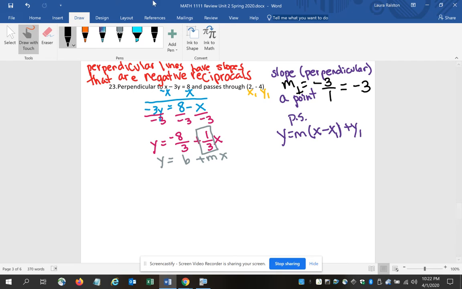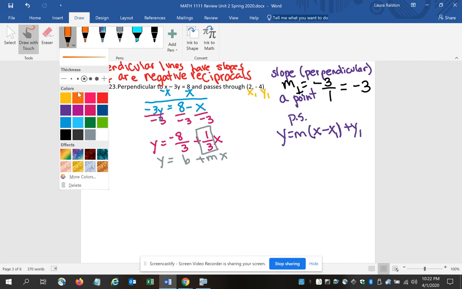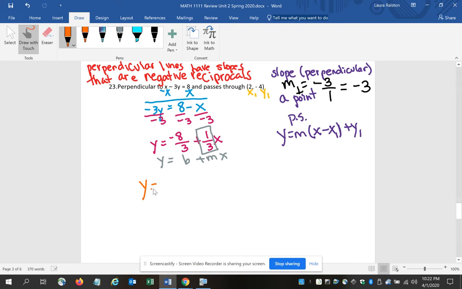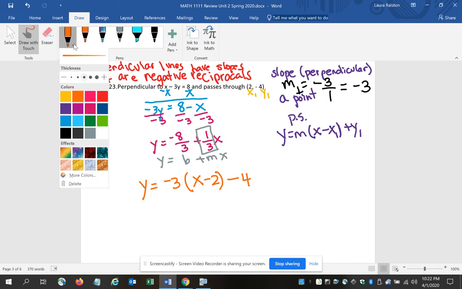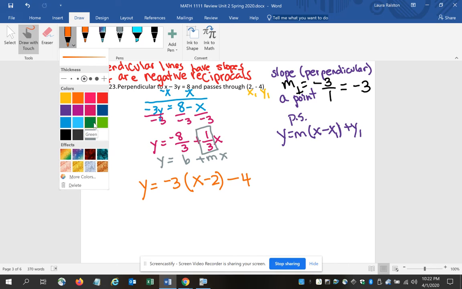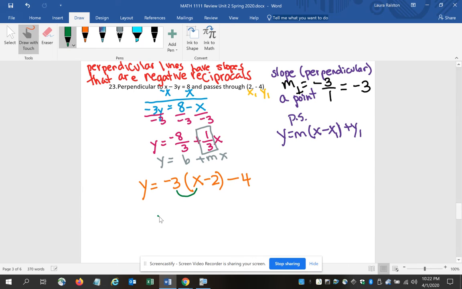So using the slope of -3 and the point that I was given, I'm going to plug into point slope. So I have y equals -3 times (x minus 2) plus -4, which would be -4. And then I need to simplify that because remember, ultimately we're trying to put it into slope-intercept form. So -3 times x is -3x. -3 times -2 is +6.